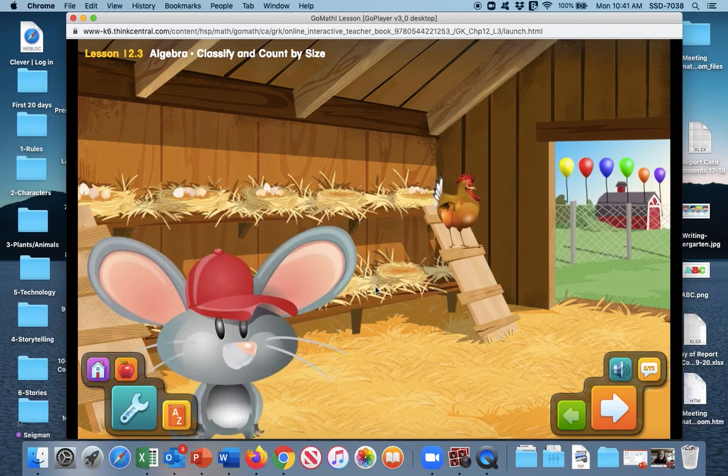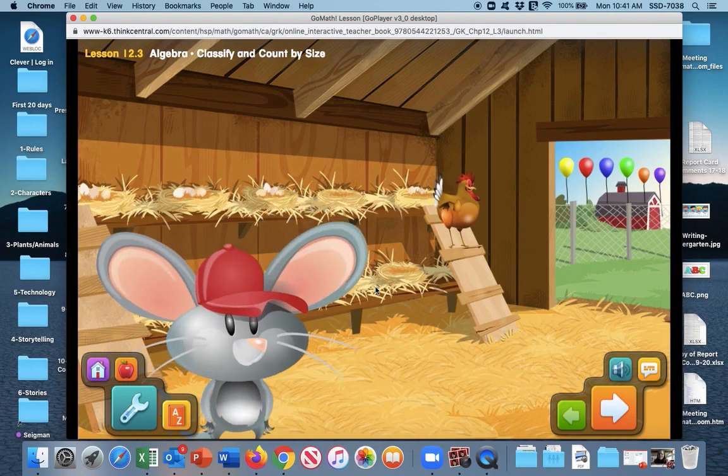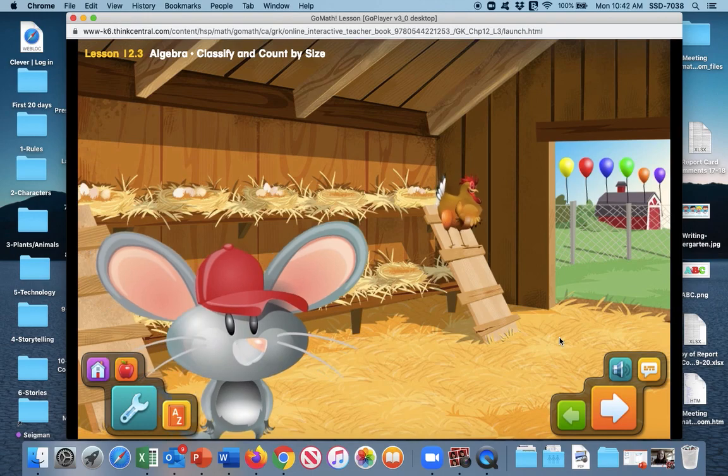Hey there! This is my friend Charlie. We noticed that the balloon man is selling small balloons and big balloons. The small balloons sell for less than the big balloons. So knowing the difference between big and small can be important.